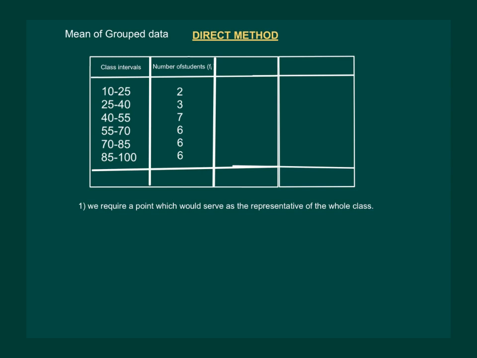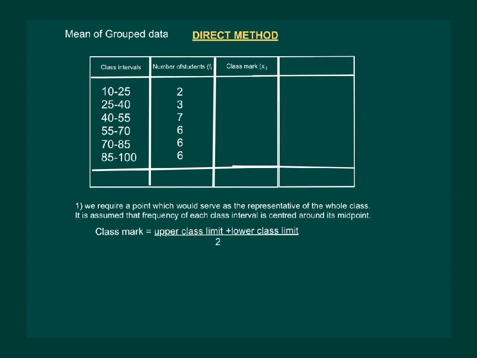Firstly, we will require a point which would serve as the representative of the whole class. It is assumed that frequency of each class interval is centered around its midpoint. Midpoint of the class interval is nothing but the class mark, which is given by upper class limit plus lower class limit whole by 2.